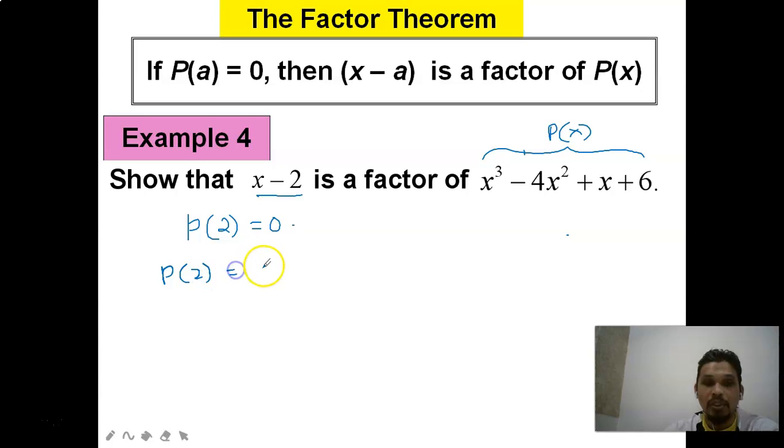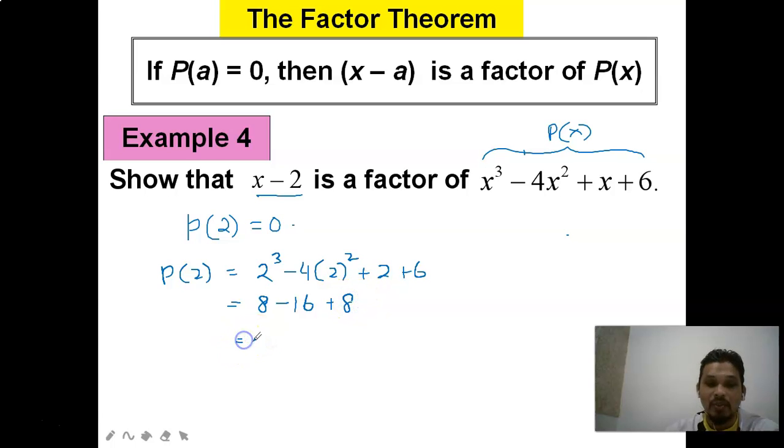Now let's try. P(2) equal to 2 cubed minus 4 times 2 squared plus, with x equal to 2, plus 6. So 2 cubed equal to 8. 2 squared equal to 4. 4 times negative 4 equal to negative 16. 2 plus 6 equal to 8.